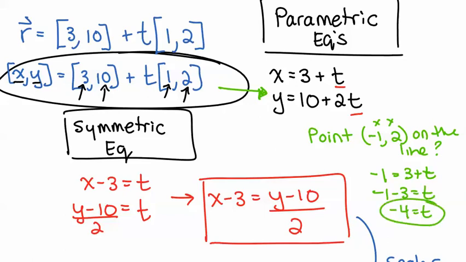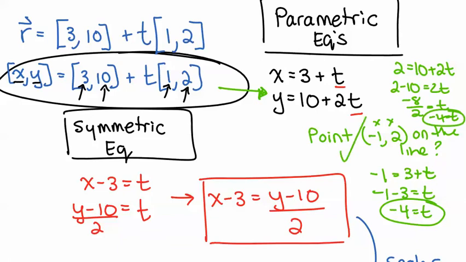Then we do the same thing with y: 2 equals 10 plus 2t. So 2 minus 10 equals 2t, so -8, and then we divide by 2, so -4 equals t. So we just proved that the point is on the line because our t values are the same. t equals -4 in both of these.